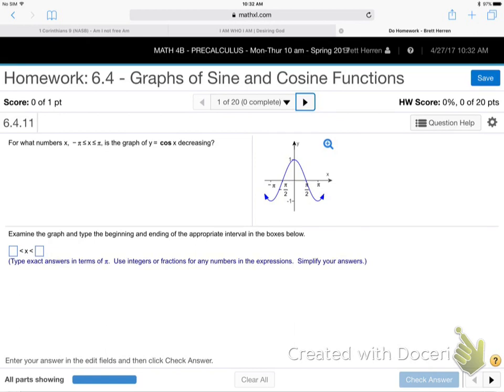Okay, so for what numbers between negative pi and pi is the graph of cosine decreasing? So where's the graph of cosine decreasing? Suppose you're on a roller coaster. This is a roller coaster. We're riding the roller coaster.